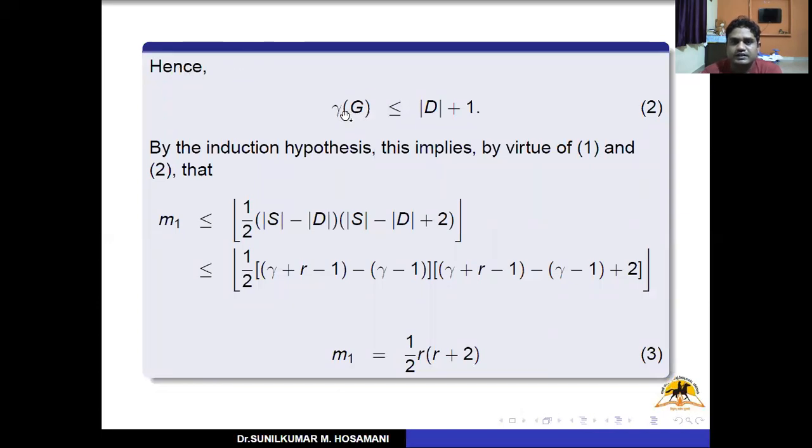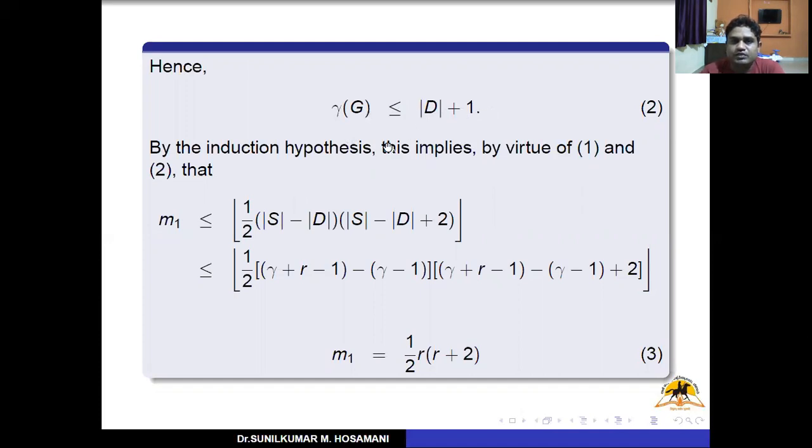Therefore I can write that the domination number of G is less than or equal to the cardinality of D plus 1. Again, by using the induction hypothesis and by virtue of equations 1 and 2. Equation 1 is the cardinality of S equal to gamma plus R minus 1, and equation 2 is the cardinality of D plus 1.